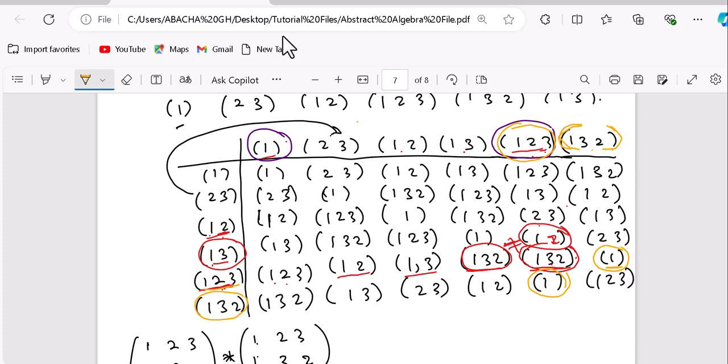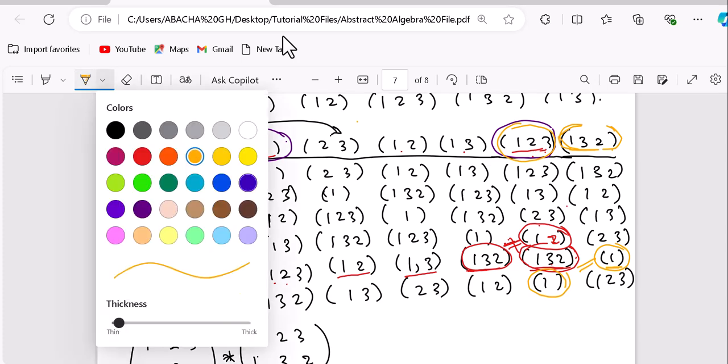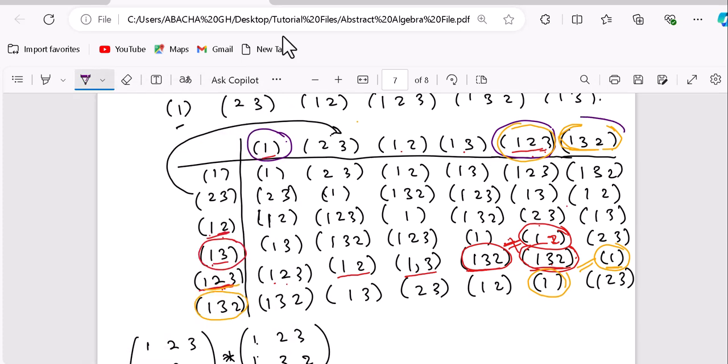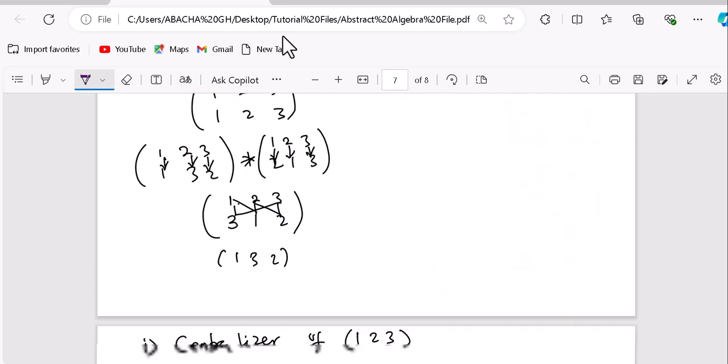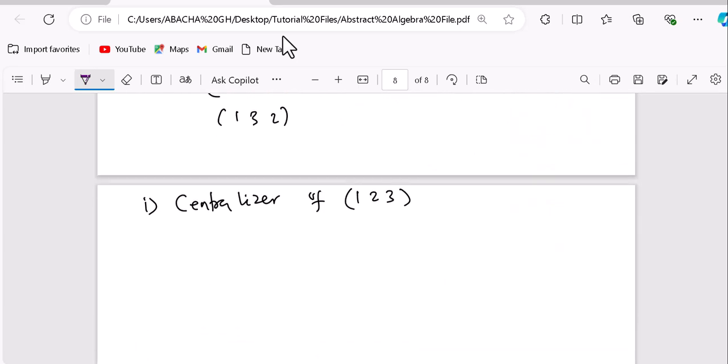So we got these answers which are equal, and so we can see that this element here is also part of our centralizers. So this one works, this one works, and this one works. So the centralizers include the identity, then (1 2 3) and then (1 3 2). They are the centralizers of this element, so take note.